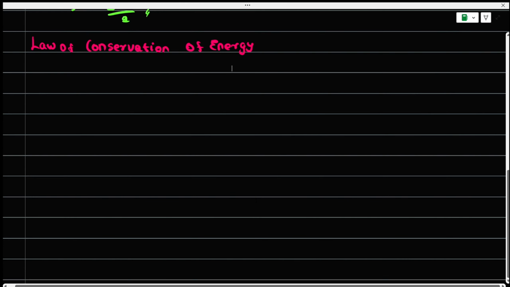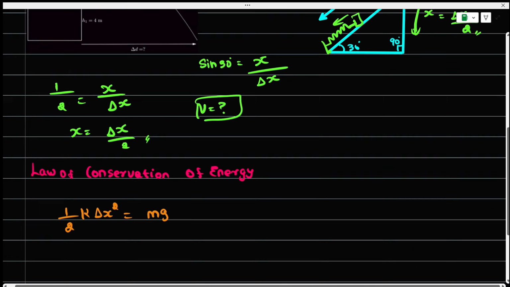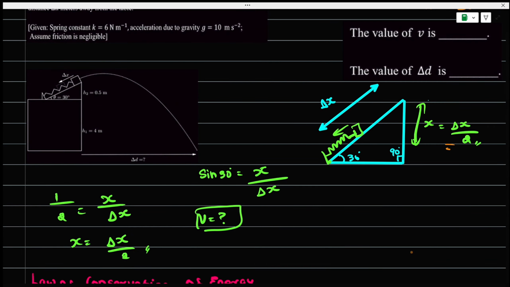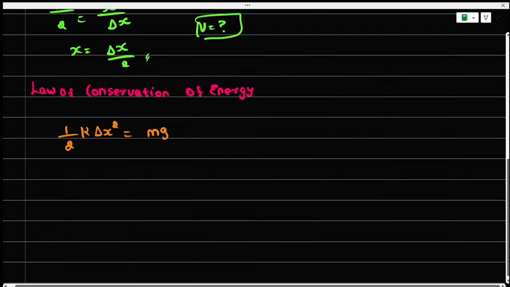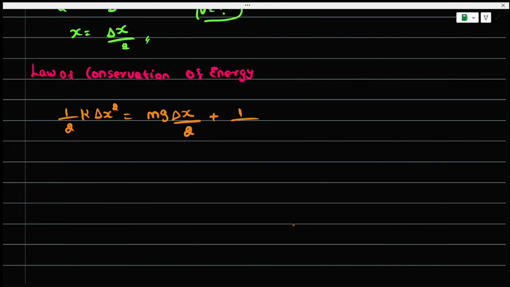Now half into k into delta x whole square equals, after releasing of that spring, the block reaches the height of the ramp and it will be mg into, what is the height here? It's delta x by 2. Delta x by 2 plus half m v square.